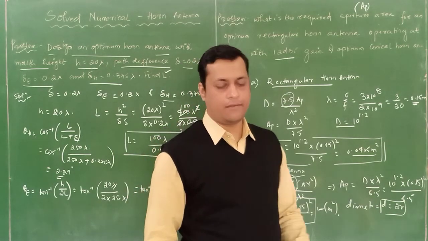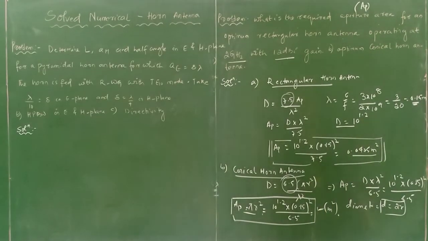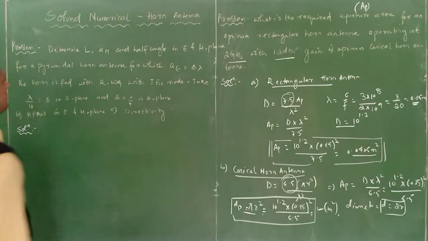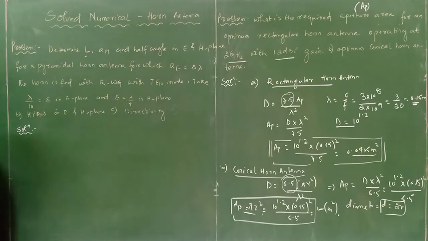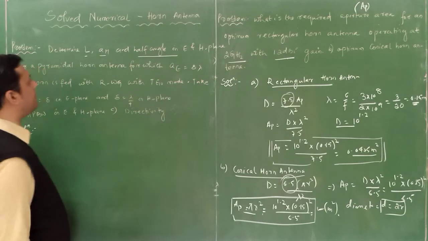Two more questions we will take. Okay. So this is the last question which we are going to discuss today. So here it is asked about length. Determine length for AH and the half angle E and H plane.